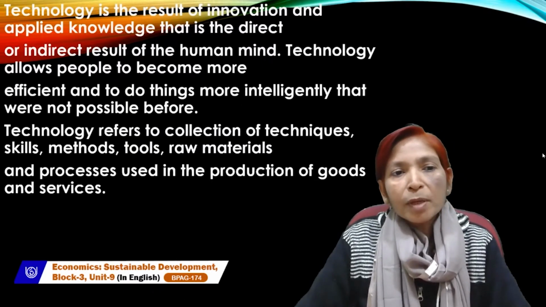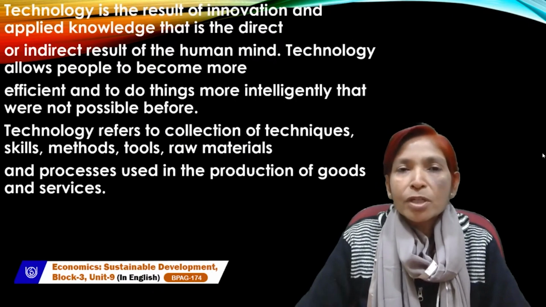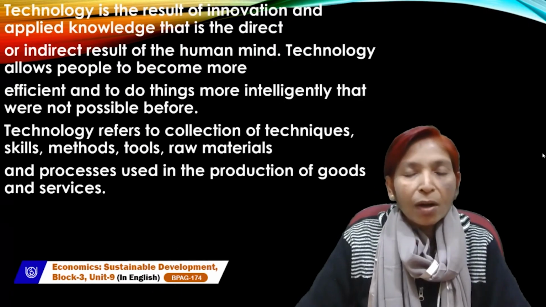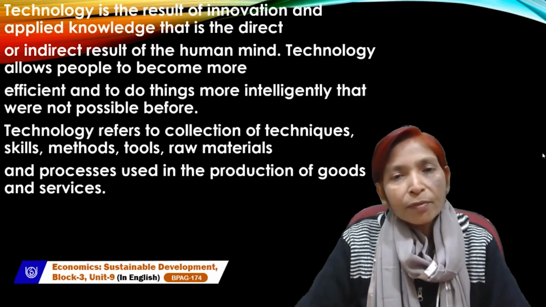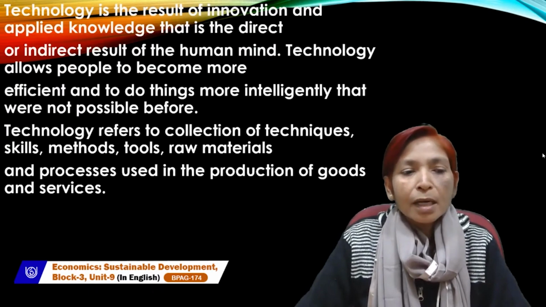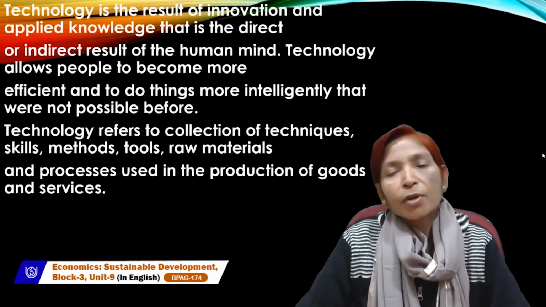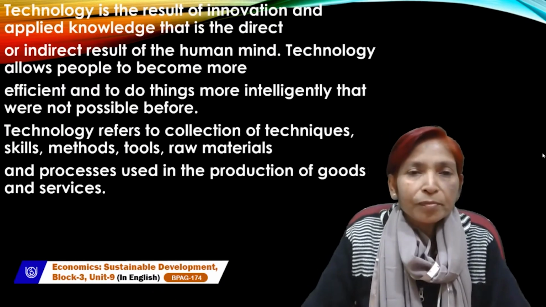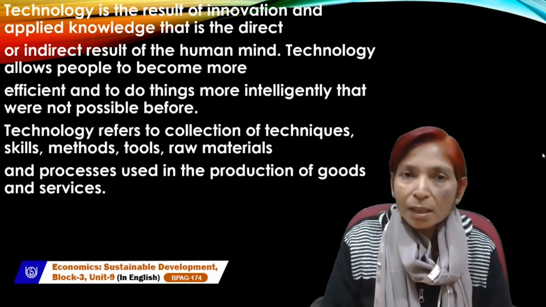Technology allows people to become more efficient and to do things more intelligently that were not possible before. Technology refers to a collection of techniques, skills, methods, tools, raw materials, and processes used in the production of goods and services. So, what is the meaning of technology?